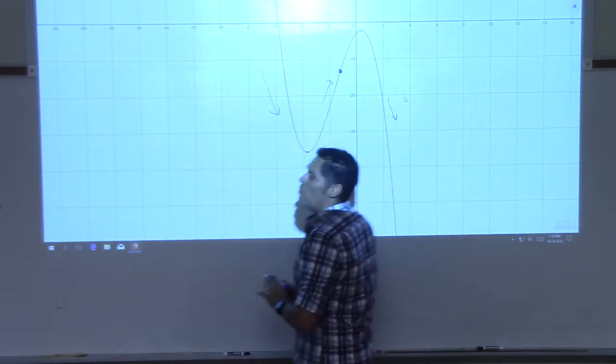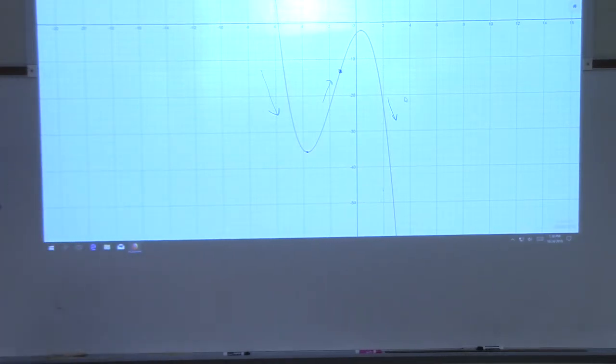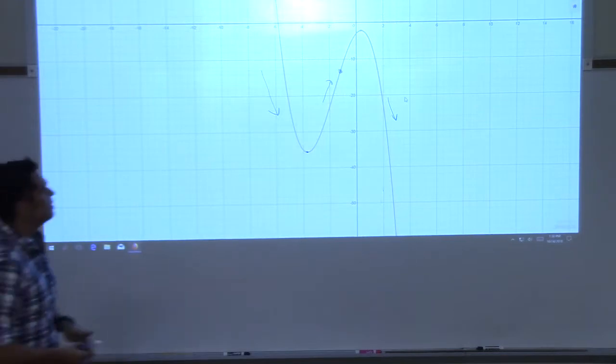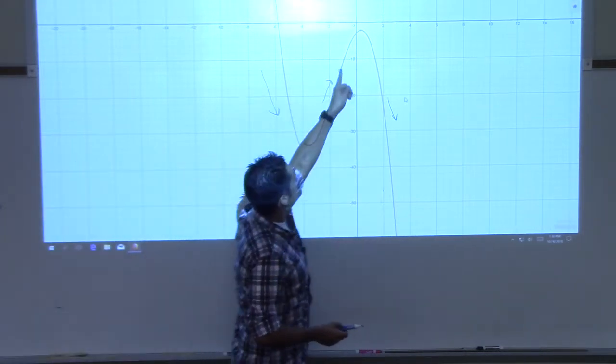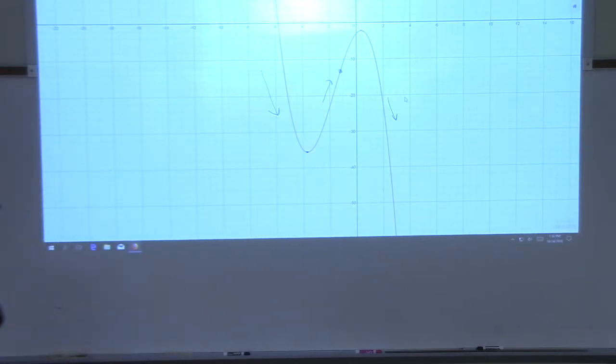That's our inflection point. What were we supposed to be doing to the left of that inflection point? What were we supposed to look like? A smile. And what about to the right? A frown. Do we look like a smile to the left? Yes. Do we look like a frown to the right? Yes. Okay, so we have a lot of information about this graph.